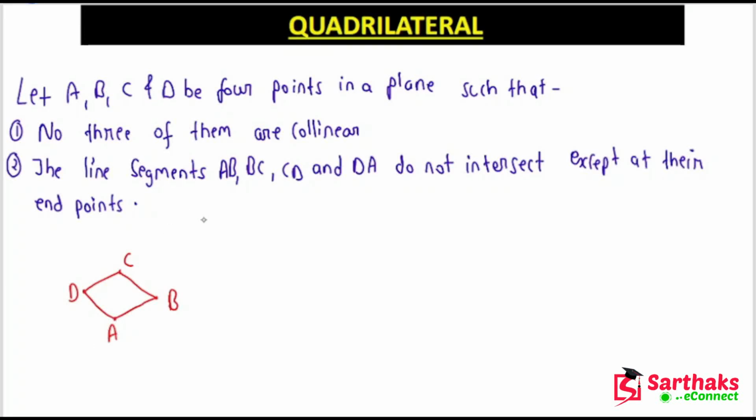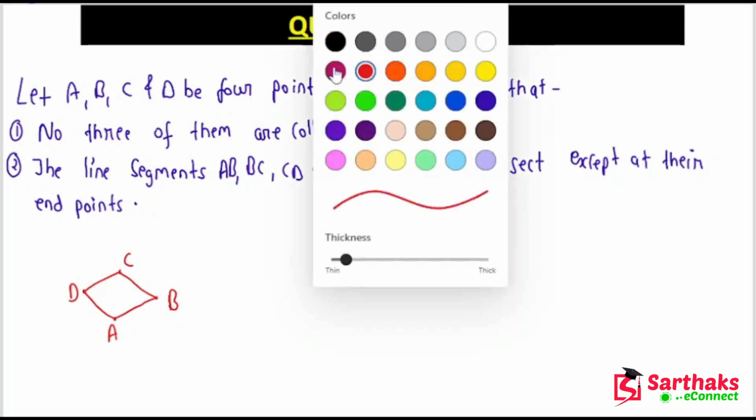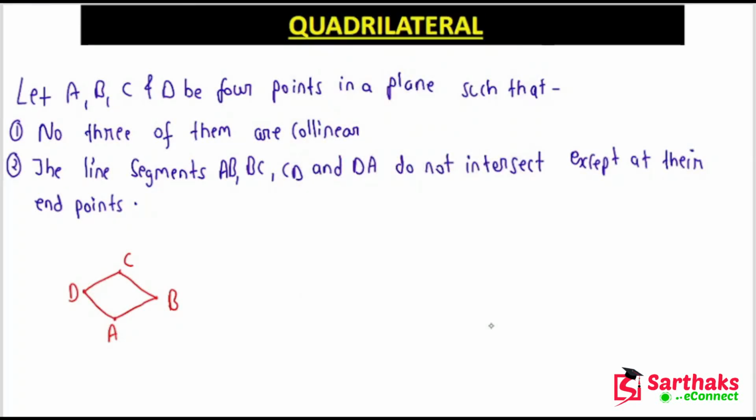Now what does it look like when it is intersecting at one point? Let me tell you, that is what is not a quadrilateral. Again we can have these line segments. Now you also have 4 points A, B, C and D, and no 3 of them are collinear. The first condition is still satisfied, but it violates the second condition. The second condition simply states that line segments cannot intersect at points which are not endpoints, and this is intersecting at this point.